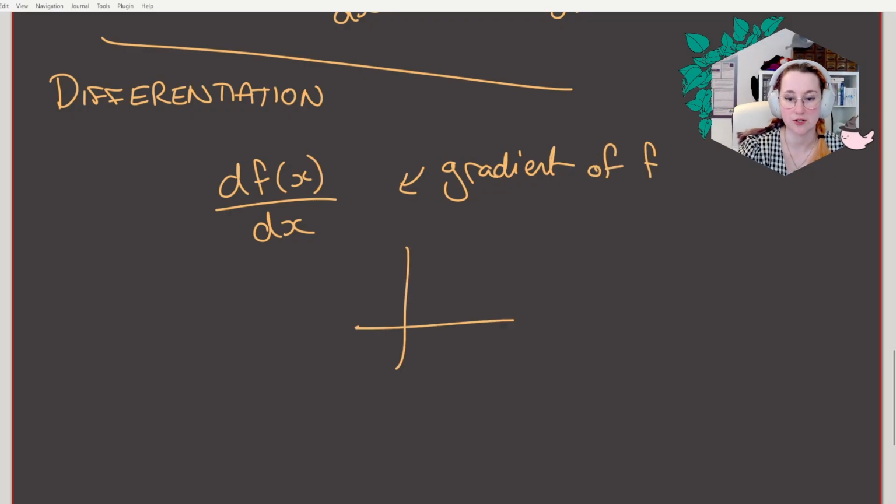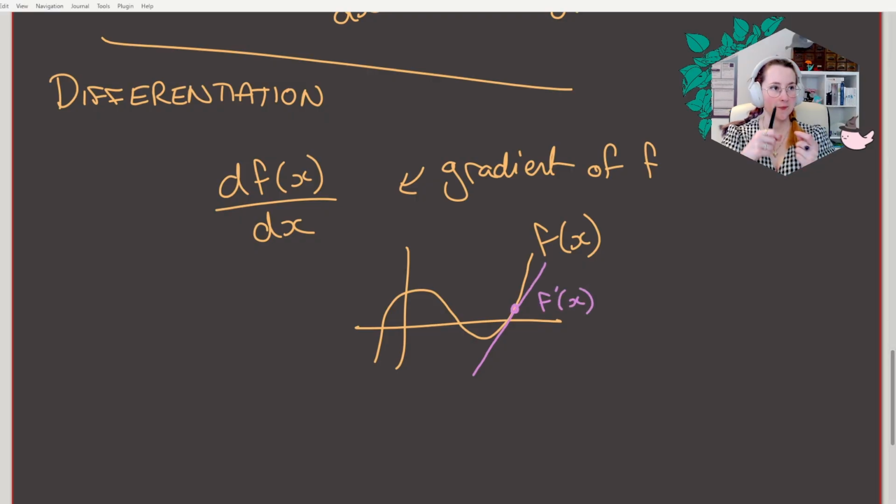So say my function is something that looks like this, then my gradient will be essentially the derivative. The derivative is the gradient, so that tangent value. So the gradient of that line at that point is the value of the derivative of that function at that point.